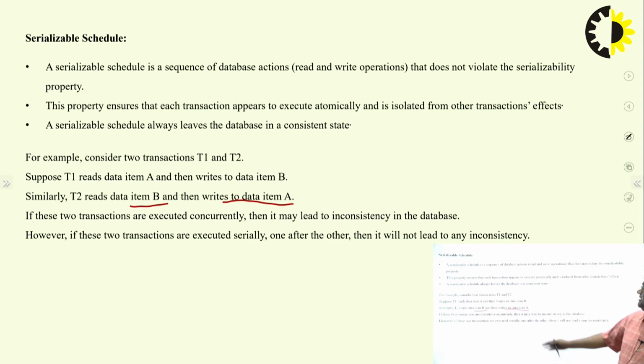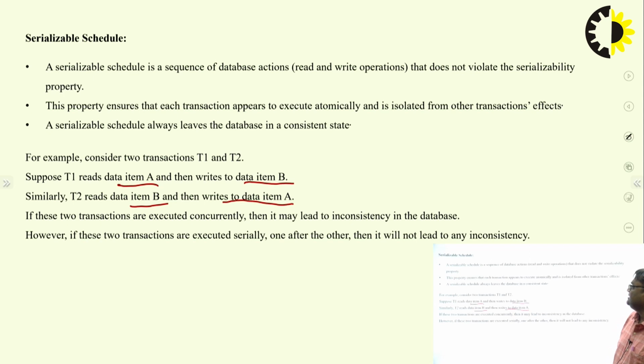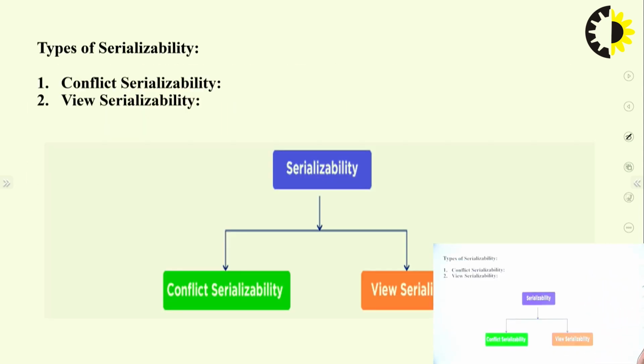However, if these two transactions are executed serially, one after the other, then it will not lead to any inconsistency. So, in a serial schedule there is no inconsistency, but in a non-serial way it may create some. We have two types of serializability: conflict serializability and view serializability.